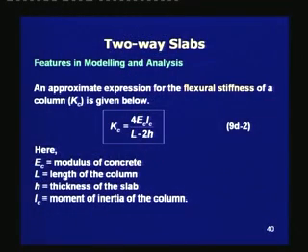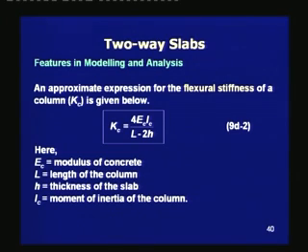An approximate expression for the flexural stiffness of a column Kc is given as follows. Kc is equal to 4 EC times IC divided by L minus 2H. This is very close to the expression that we learned from the slope deflection method in basic structural analysis.